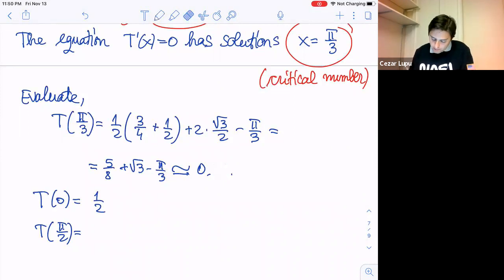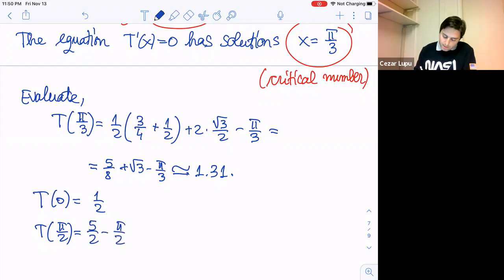No, this is 1.31, something like this. And t of pi/2 will be 5/2 minus pi/2. When you put it on the calculator, this will be indeed 0.93, and that's it.